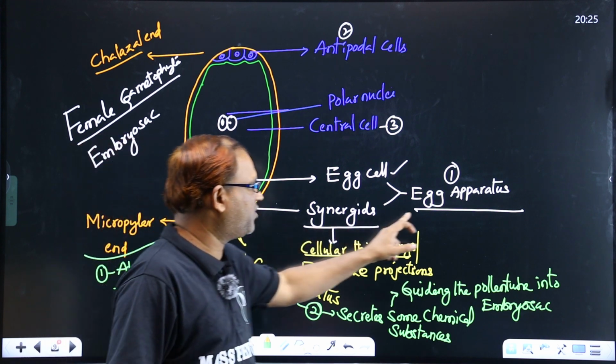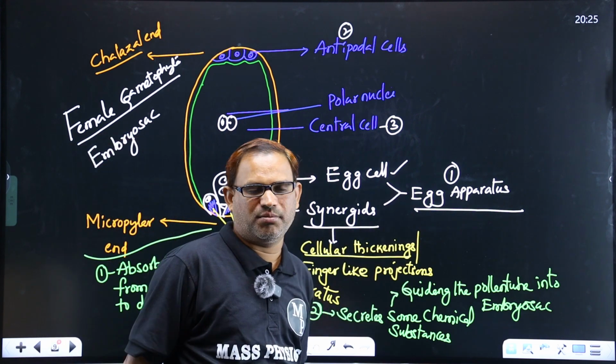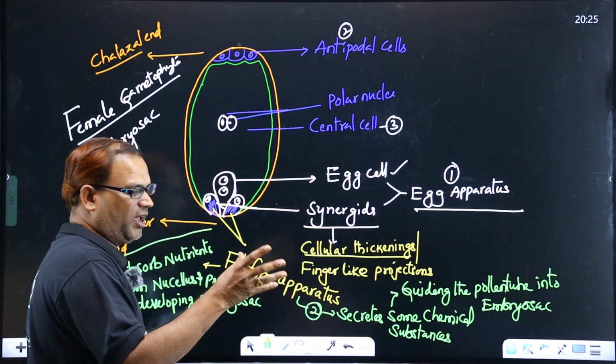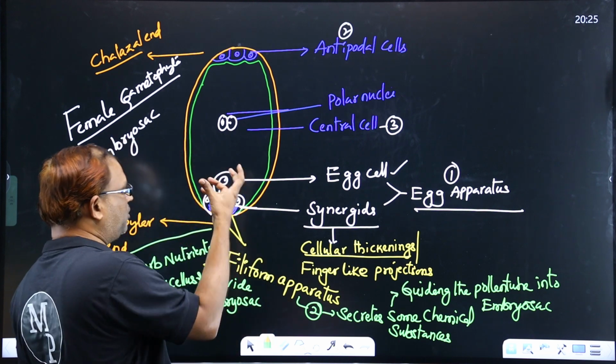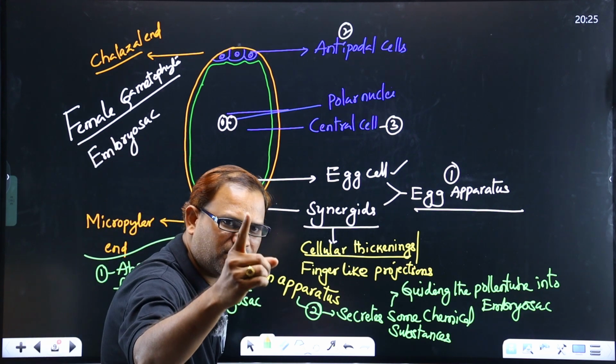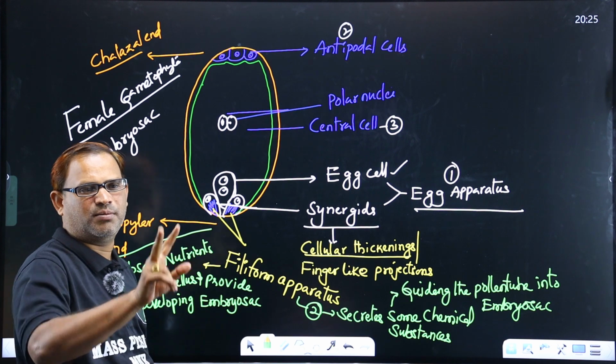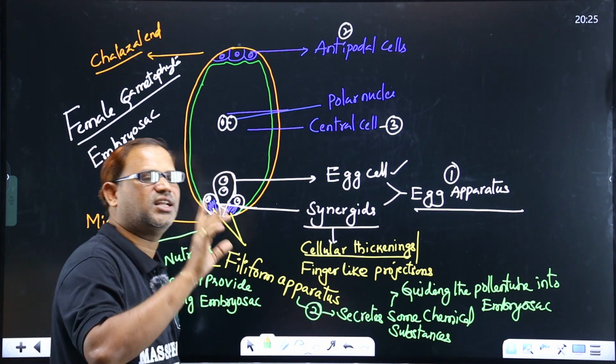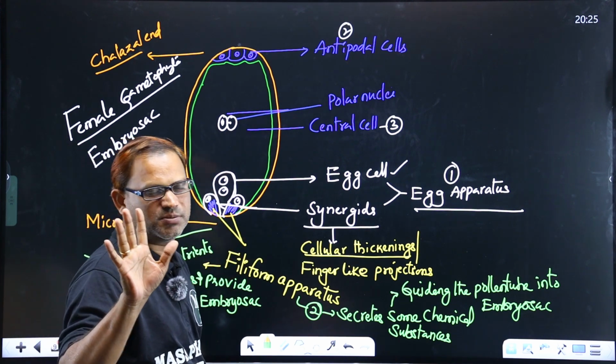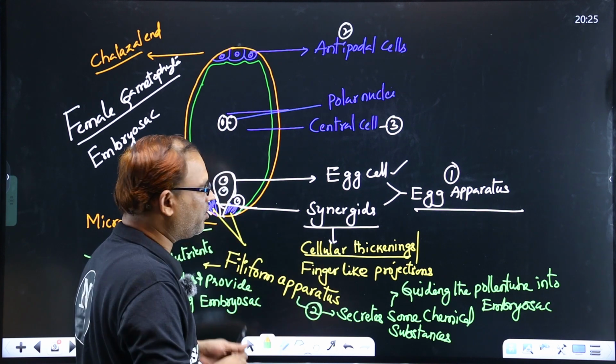This is the first part, the egg apparatus information. Now see, when the pollen tube enters the embryo sac, only one of the synergids degenerates, not both. That is one of the important points.